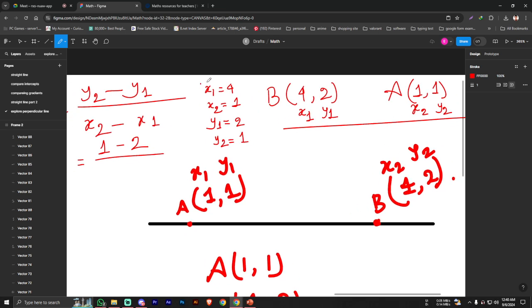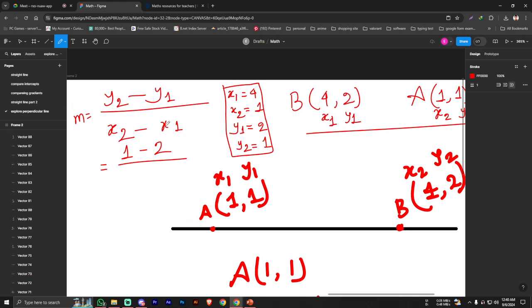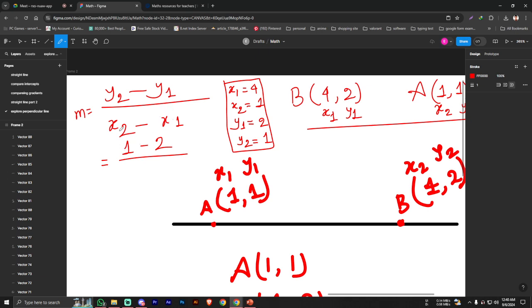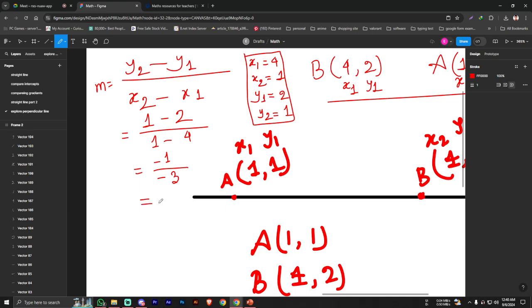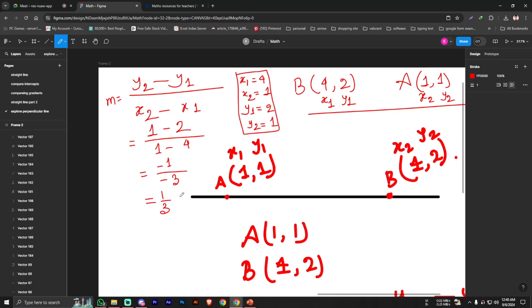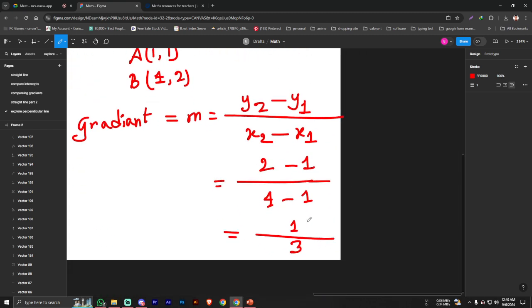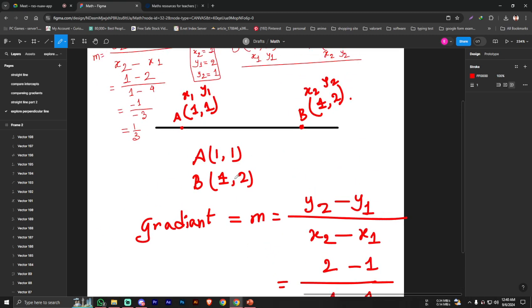So now I have a series of numbers which is organized. Now I don't have to find anything, I just have to put it in. x2 is 1 and this is 4, right? If you calculate it, you have on top -1 and -3, which is 1/3, the same value as we found when we considered a as x1 y1 and b as x2 y2.